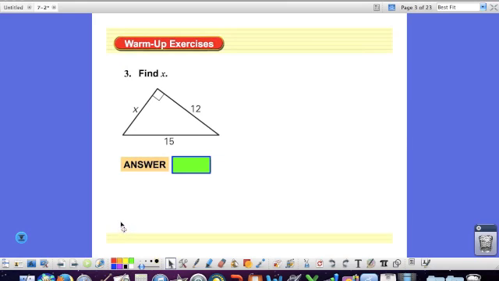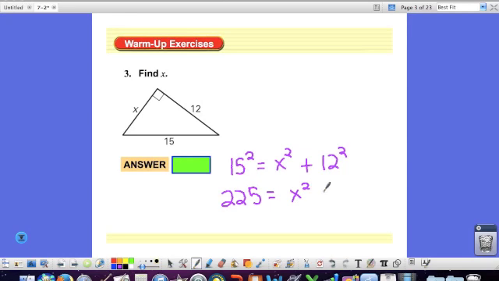And on this problem, they want us to find the side length. So x squared, actually I'm going to change that, because I actually want to do c squared. So 15 squared equals x squared plus 12 squared. 225 equals x squared plus 144.